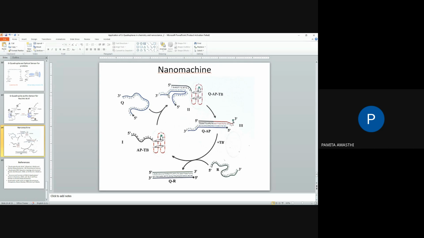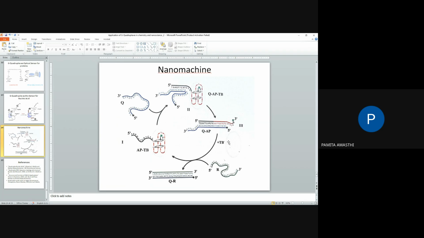Upon addition of this DNA, this complex formation occurs. Upon this complex formation, the quadruplex region will unfold and release the thrombin protein which is bound to it.